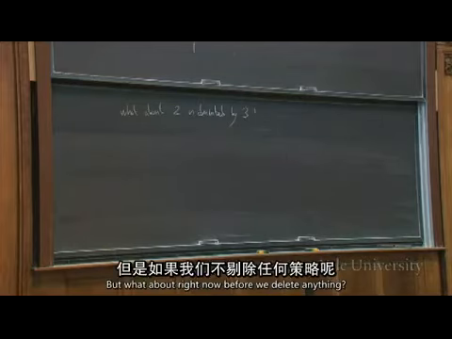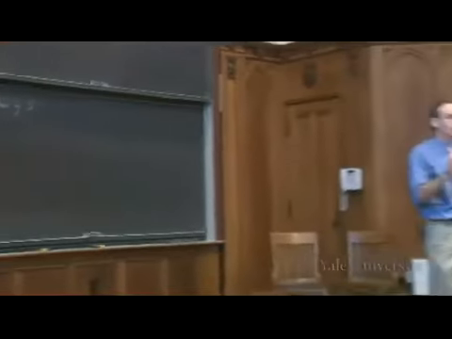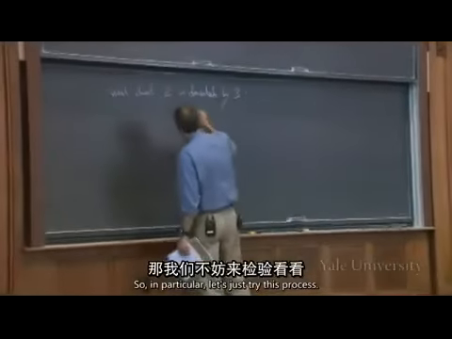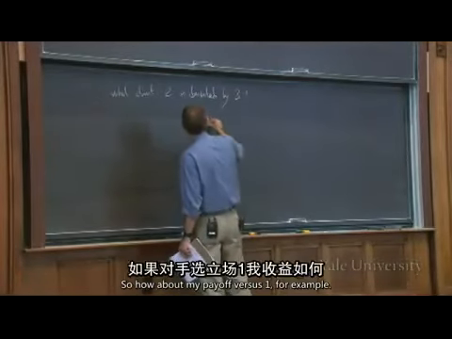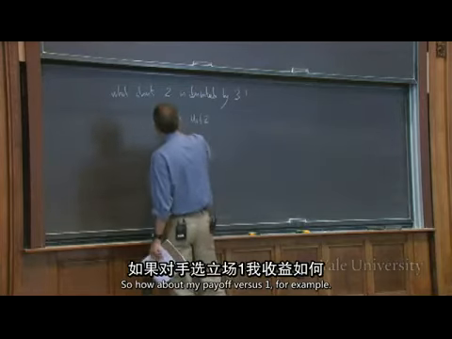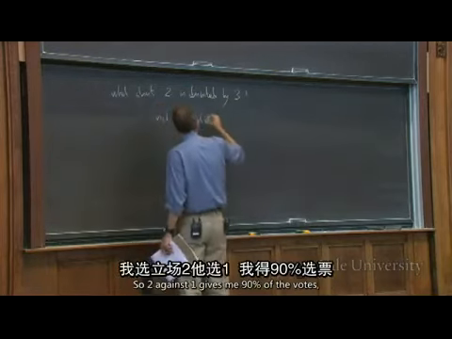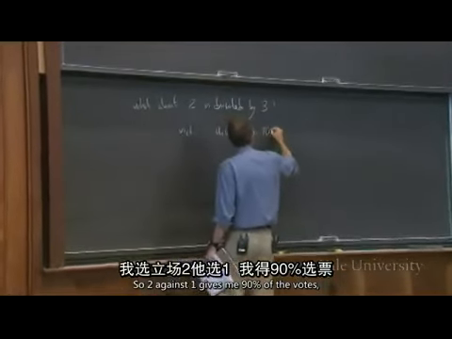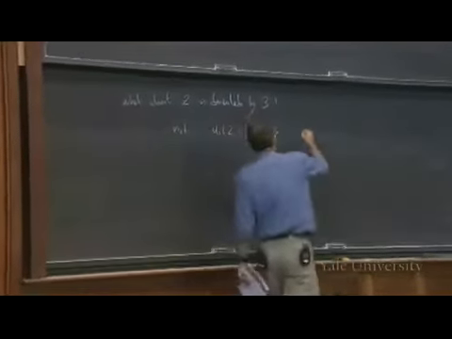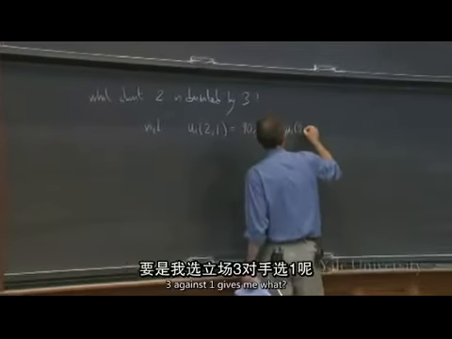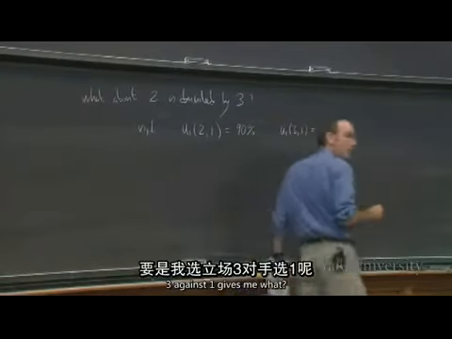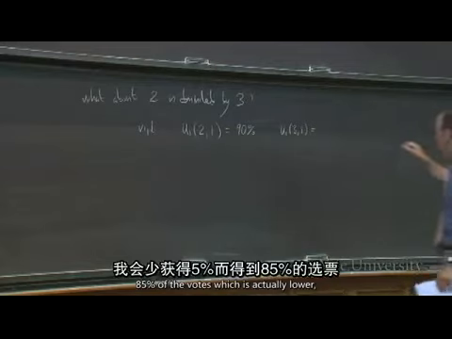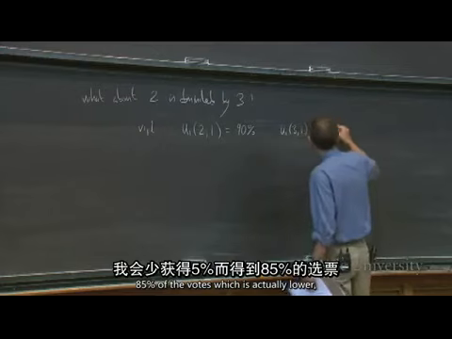But what about right now, before we delete anything? Let's check it out. Let's just try this process. How about my payoff versus 1, for example? 2 against 1 gives me 90% of the votes. 3 against 1 gives me 85% of the votes, which is actually lower.